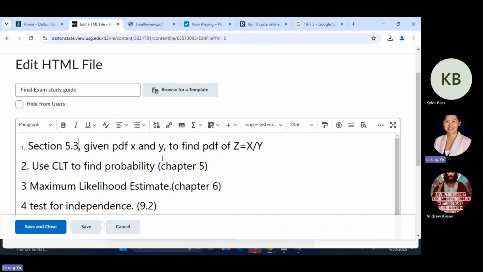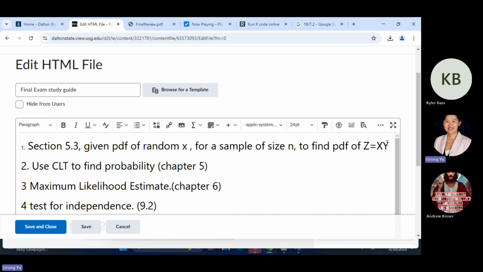So given the distribution for X and Y, we should be able to find the distribution for a random variable X and for a sample of size, and I can't specify, it could be 4 or 5 or 3.